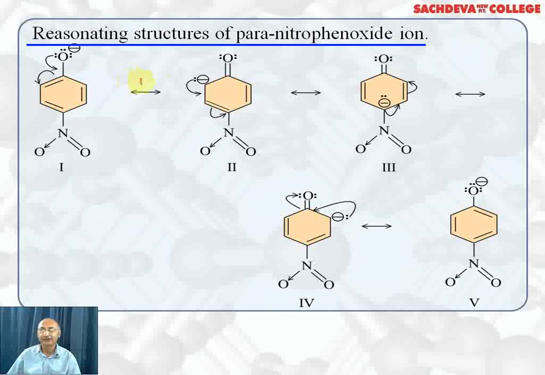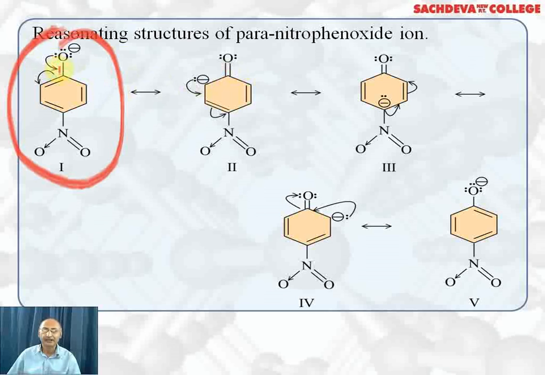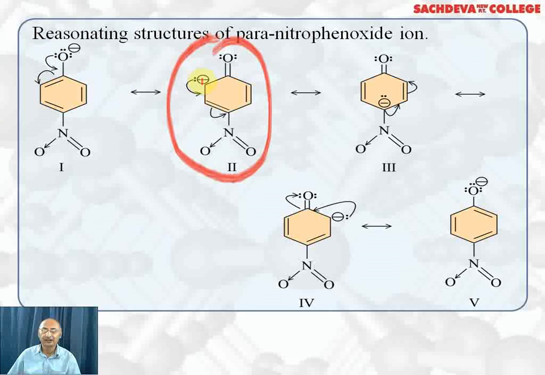Next, we are taking resonating structures of para nitrophenoxide ion. First step, a pair of electrons takes part in double bond formation and pi electrons shift to the meta position. So we have negative charge at the meta position to the nitro group and ortho position to the phenoxide ion. This pair of electrons takes part in double bond formation, so the pair of electrons shifts to the carbon atom attached to the nitro group, which will be most stable.